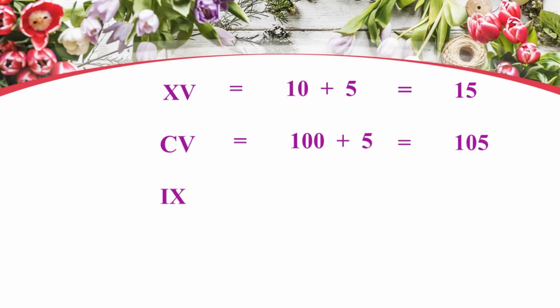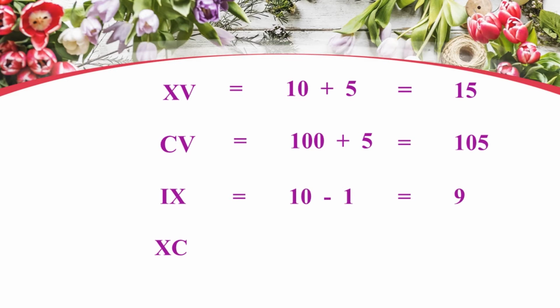I, X. Here I value is 1, X value is 10. Smaller number next to larger number, so we subtract the smaller number from the larger number. Therefore 10 minus 1 equals 9.